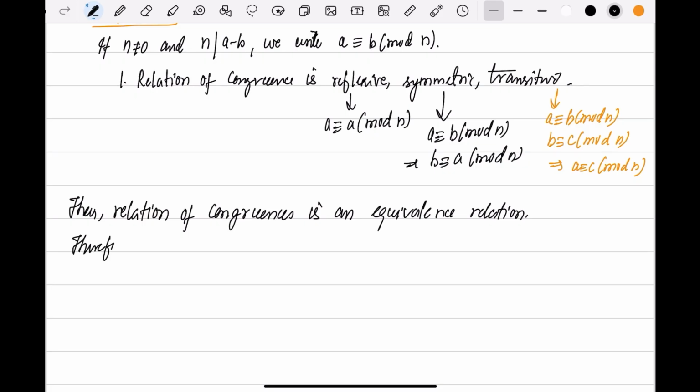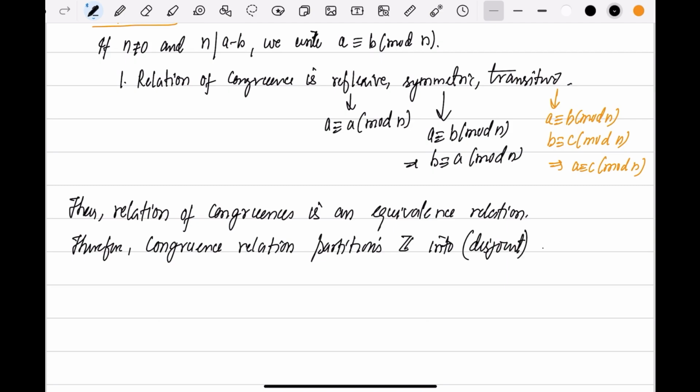So therefore this congruence relation partitions the set of integers into disjoint equivalence classes. In fact, it always partitions into disjoint equivalence classes.